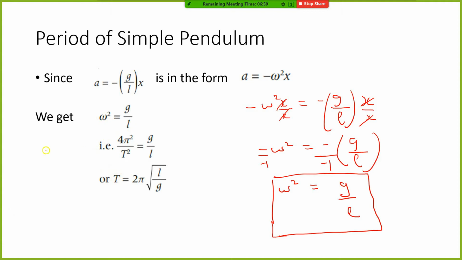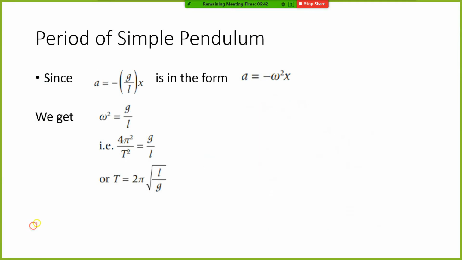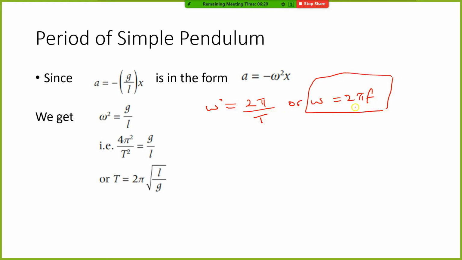One of the things we have to recall is that omega is equal to 2 pi divided by T, or we could say omega is equal to 2 pi f. I wouldn't use this one because I'm not trying to find the frequency. I'm trying to find the period.